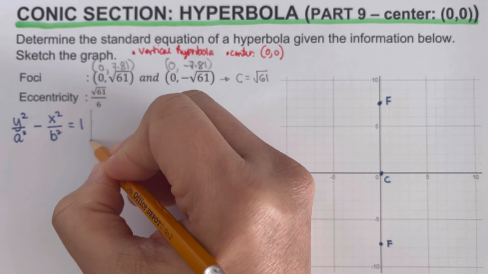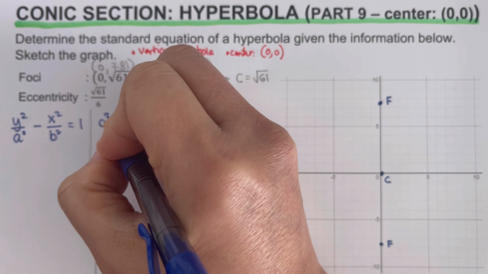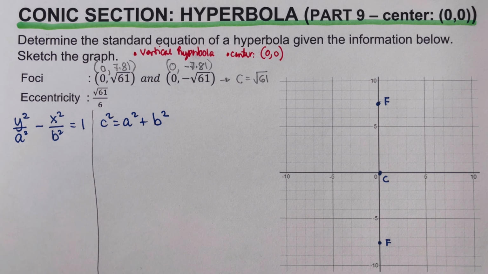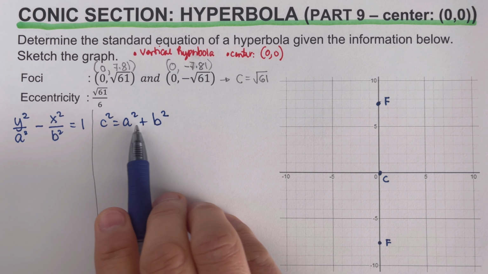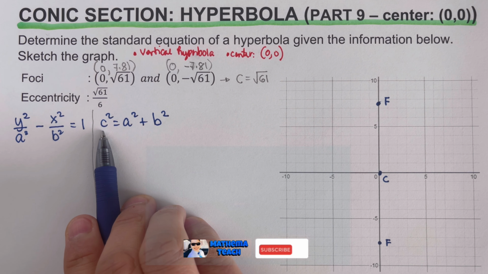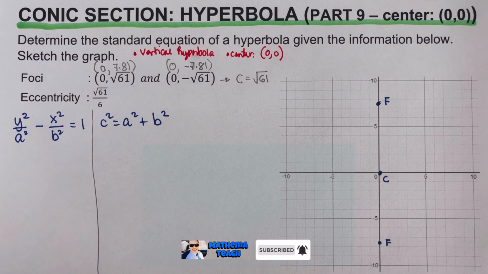Now, we remember that the equation that relates a, b, and c is c squared equals a squared plus b squared. Now, looking at this, we are actually going to determine the a and b. We're given the c. However, we don't have a value for both a and b, but we're given the eccentricity.